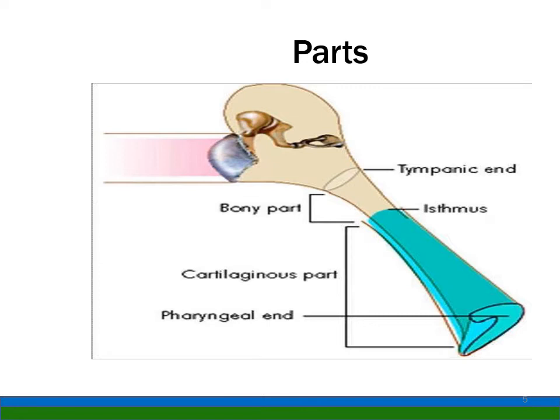In between these two there is a small constriction called the isthmus. The cartilaginous part is long and the bony part is short, but at birth the bony part is long and the cartilaginous part is very small, and with age it changes.